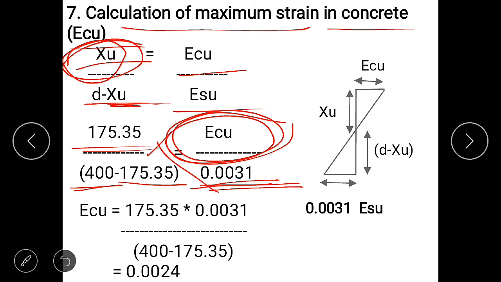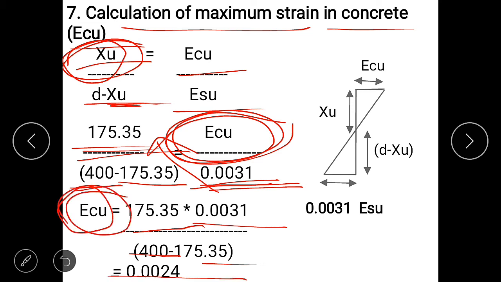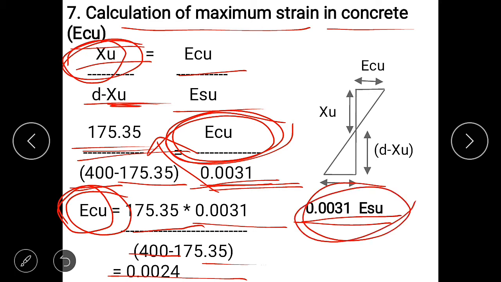So multiply here 175.35 into 0.0031 divided by 400 minus 175.35. So the value of maximum strain in concrete is 0.0024. Okay, so here the diagram is showing the maximum strain in steel.